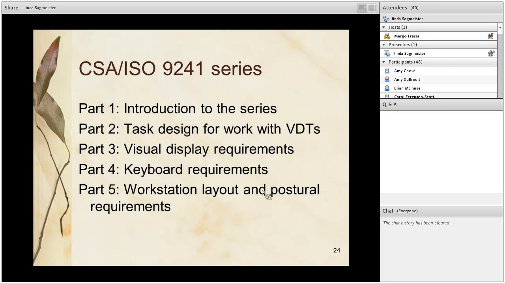The parts are here as laid out. So there's an introduction to the series. There's task design for work with VDTs and so on, and it moves through very specific requirements and workstation layout and so on for things that you really want to see very specific on each element of your workstation.